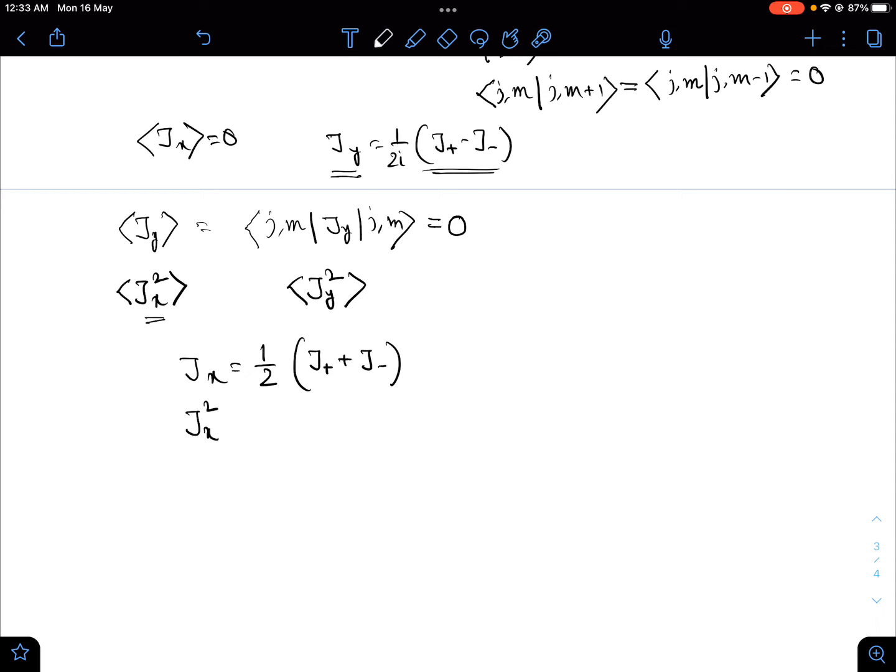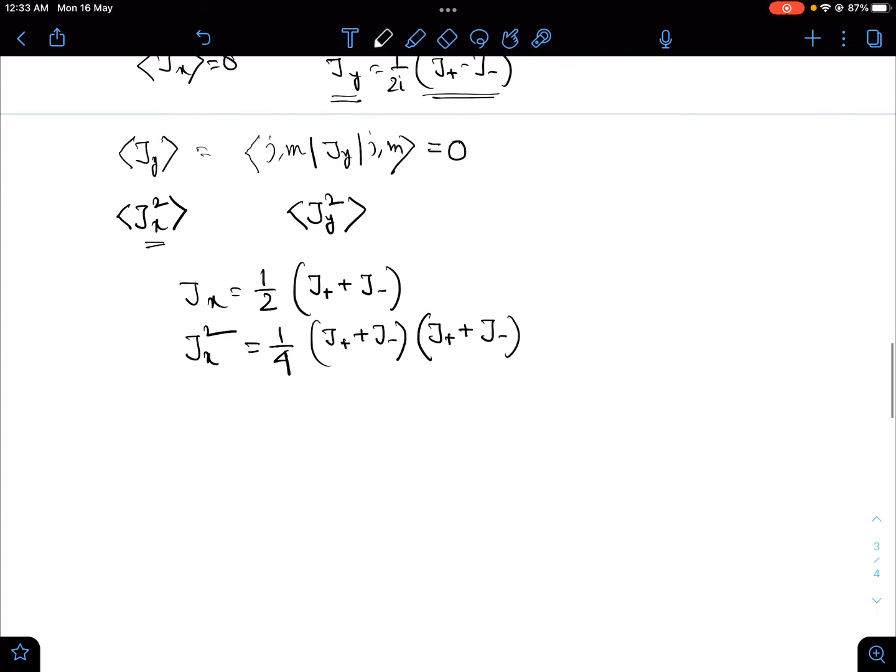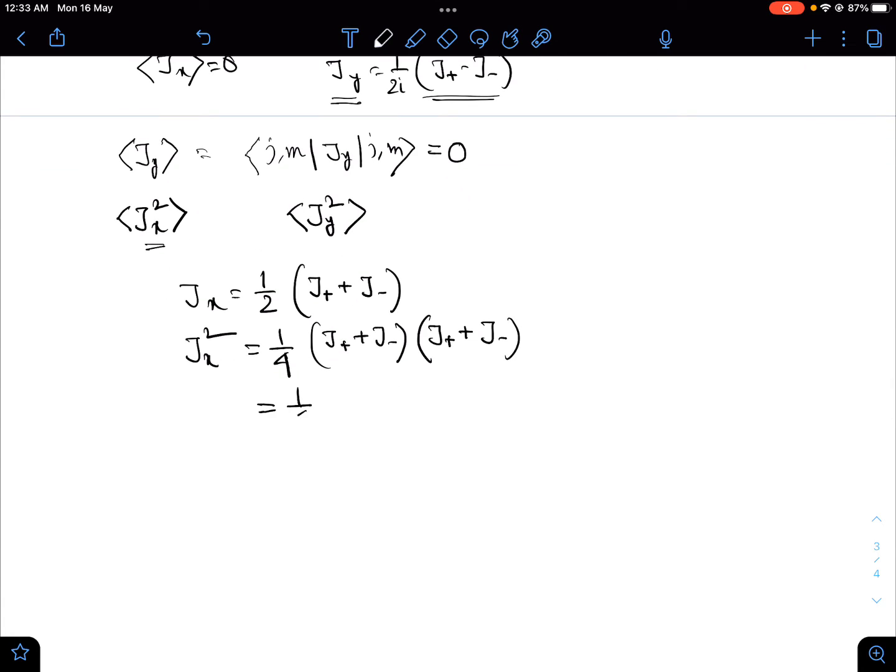So the Jx squared operator will be 1/4 (J plus + J minus) multiplied with (J plus + J minus). So that is our operator. So we have here J plus squared plus J plus J minus plus J minus J plus plus J minus squared.